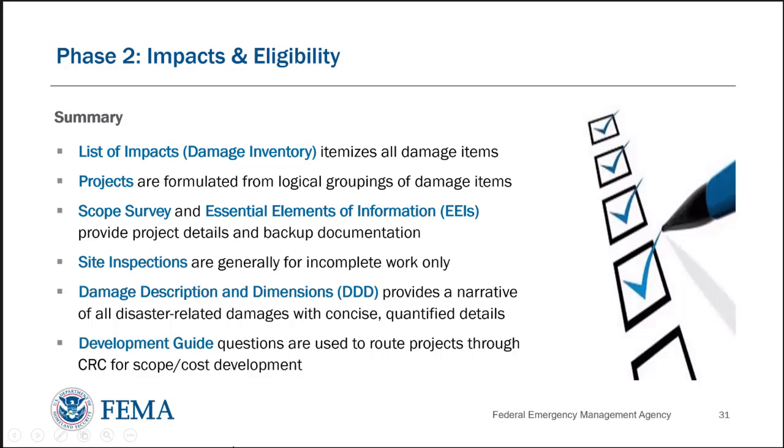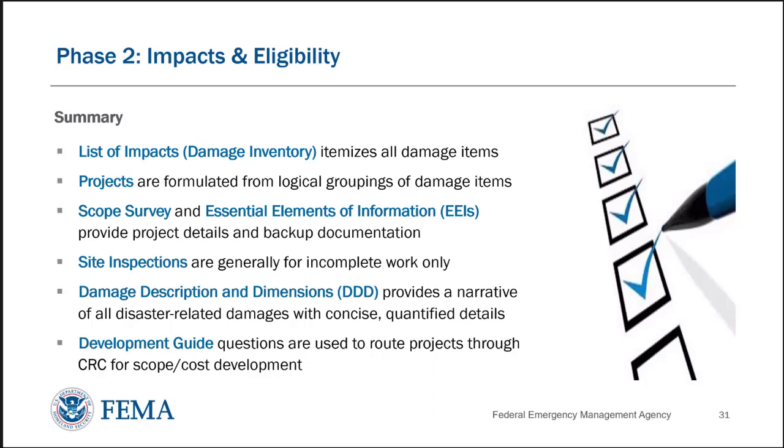And remember, when you're working in Grants Manager or Grants Portal, the way you start answering the questions right at the beginning starts the process by which Grants Manager can organize for you, kind of like cascading logic in a lot of ways. Answer A to B, for C or D, to go to E, F, G, or H, right? Get your site inspections done, develop that damage description and dimension, and follow your development guide.